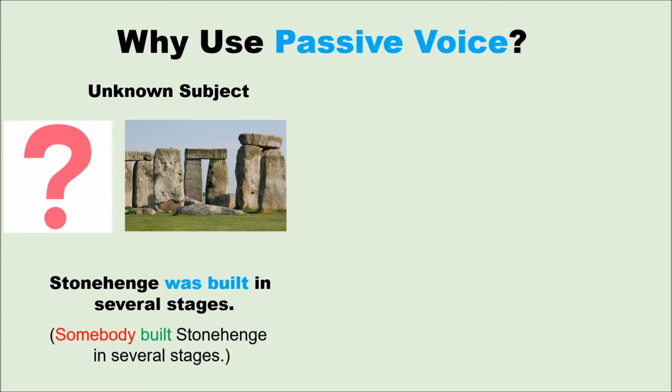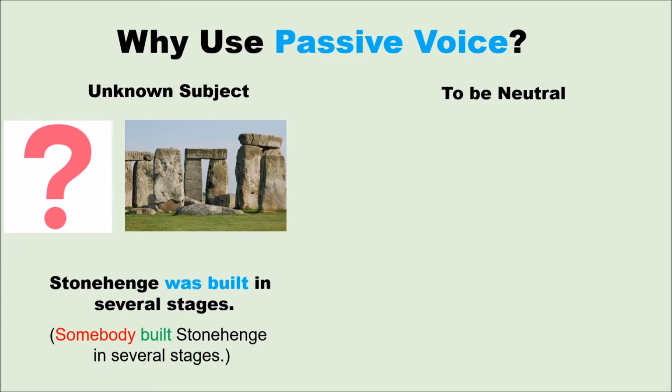You can see somebody is the active voice subject, but somebody sounds like you don't know who, and even if we don't know who it is, maybe we don't want to show that we don't know. Instead, we're showing the knowledge that we do know, which is that it was built in several stages. You can delete the active subject somebody and make it sound like you are 100% knowledgeable about your subject.